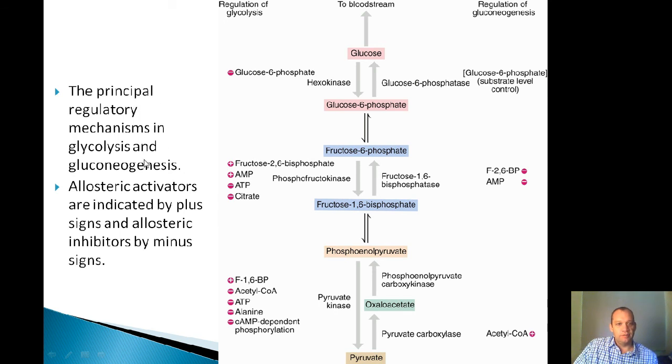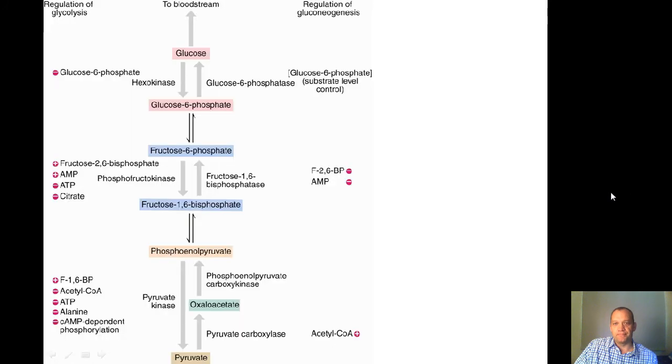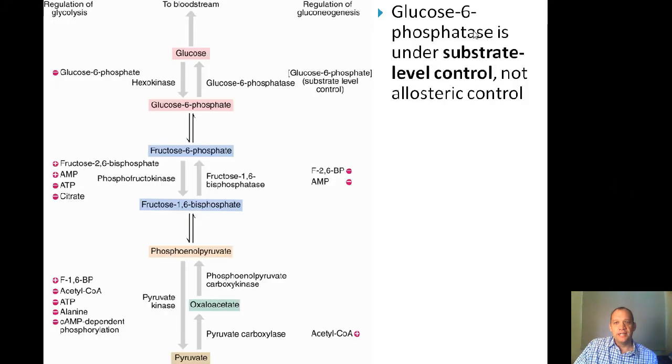So this is the principal regulatory mechanisms of glycolysis and gluconeogenesis. Just take note that the allosteric activators are indicated by a little plus sign, whereas a minus indicates the inhibitors. So what we see is that glucose 6-phosphatase, which of course is the enzyme which is the bypass of the hexokinase during gluconeogenesis, is under substrate level control and not allosteric control.